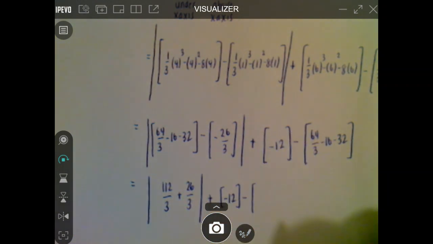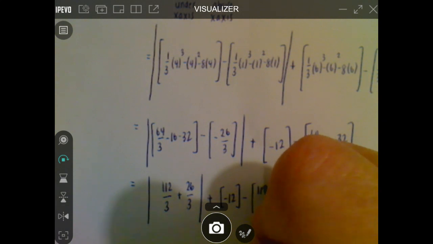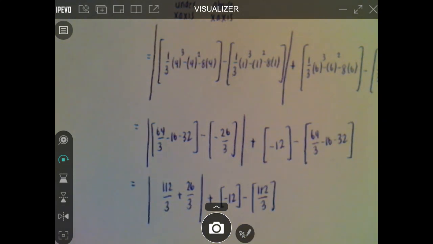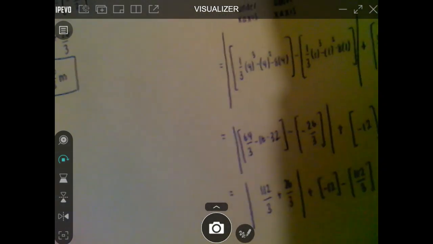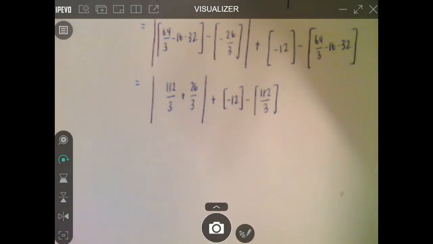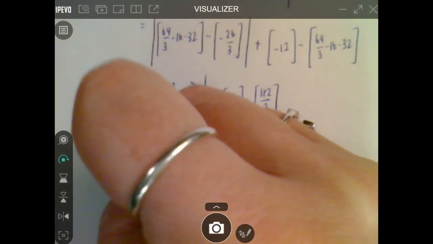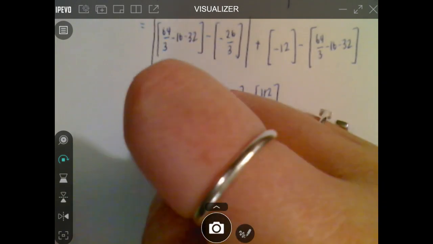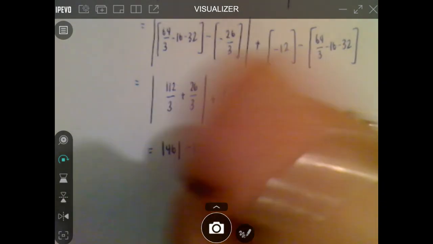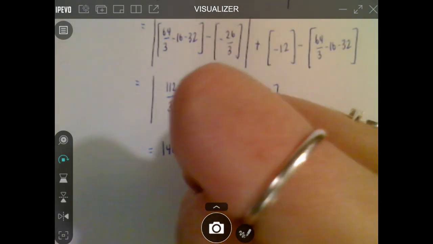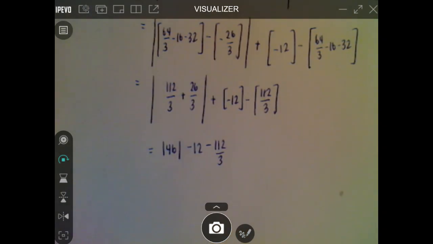And then minus, again, I think that's 112/3. So I think when you add 112/3 and 26/3, I believe this gives us 46. And then we're technically subtracting 12 and then subtracting 112/3. So let's see, 46 minus 12 minus 112/3.